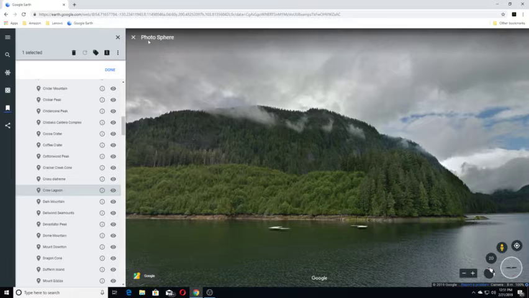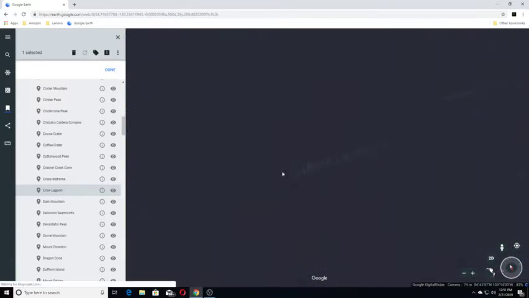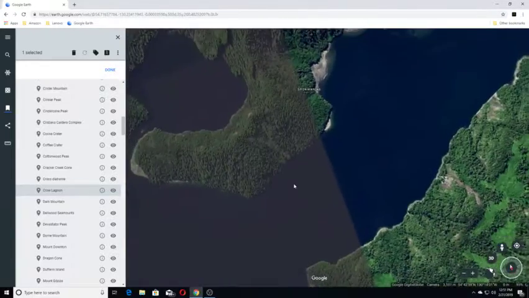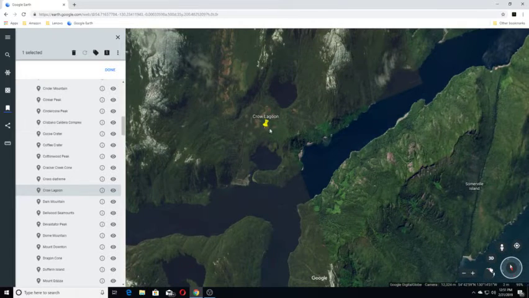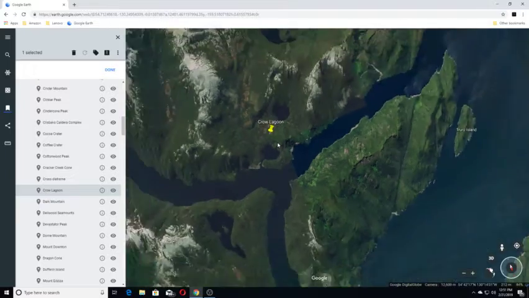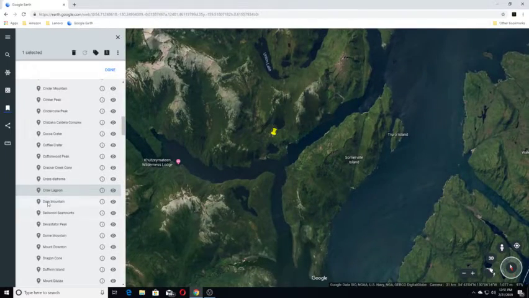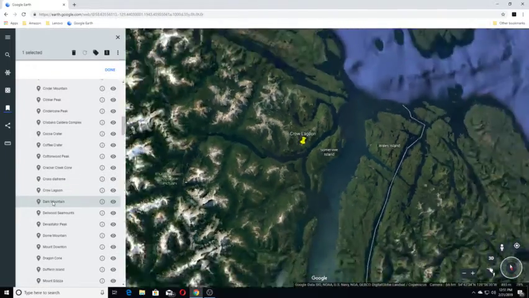How beautiful. So we were viewing this area over here, but seeing this part here. And moving on to our next one, which is Dark Mountain.